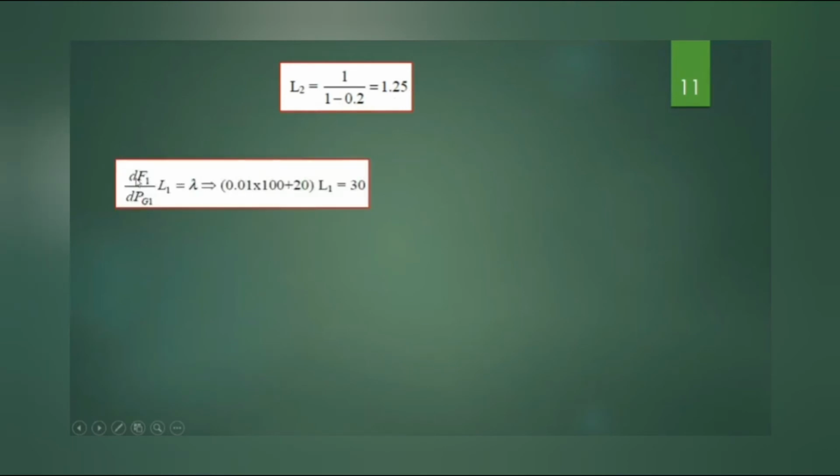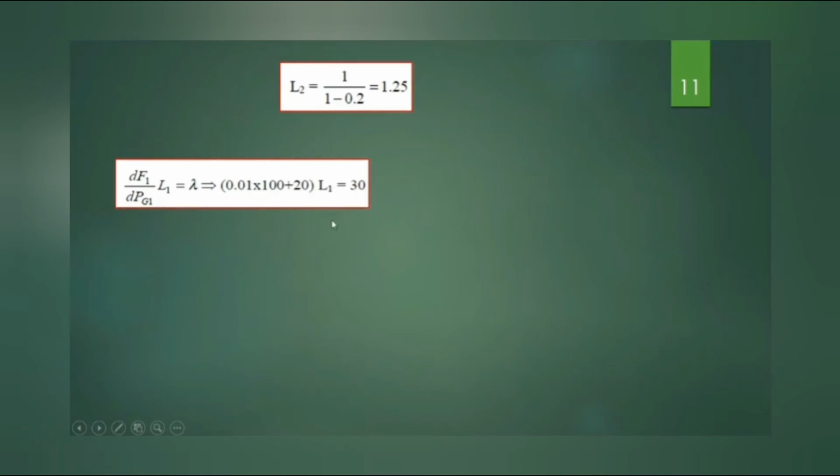Similarly, the coordination equation for plant 1 is del F1 by del Pg1 into L1 equal to lambda. So del F1 by del Pg1 is given by 0.01 into Pg1 plus 20, into L1. Now Pg1 is 100, right? So 0.01 into 100 plus 20, into L1 equal to 30.